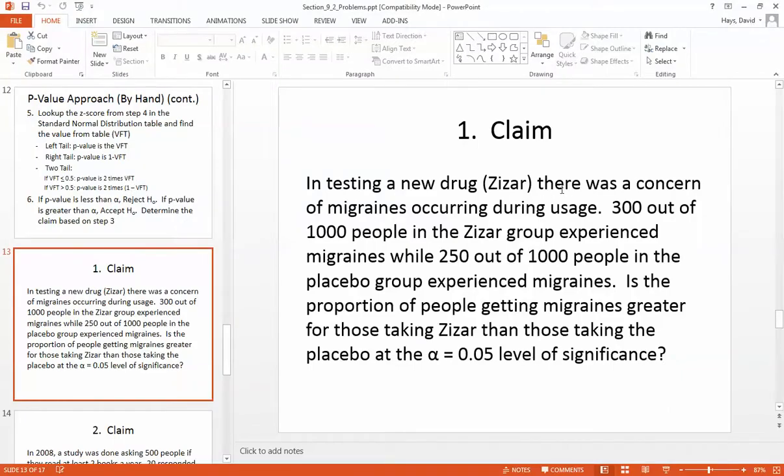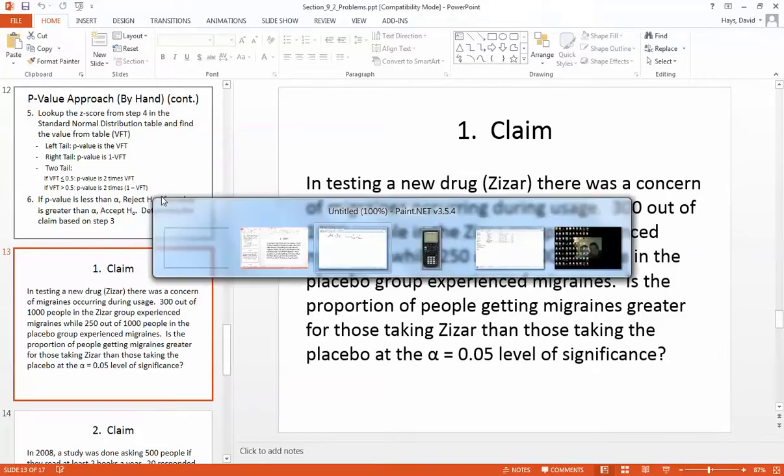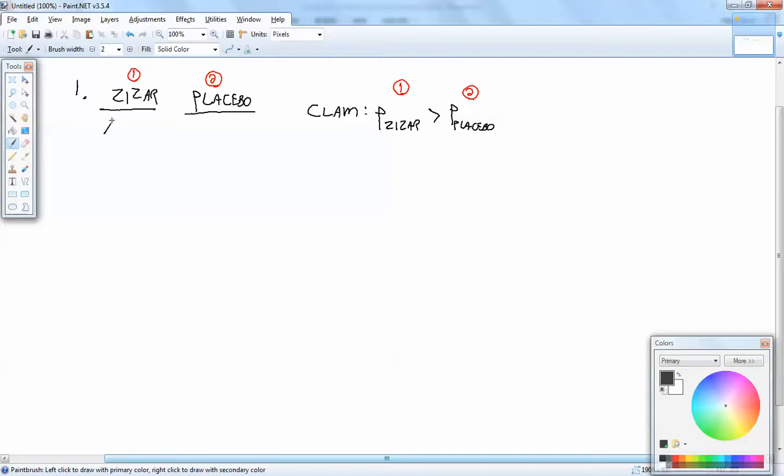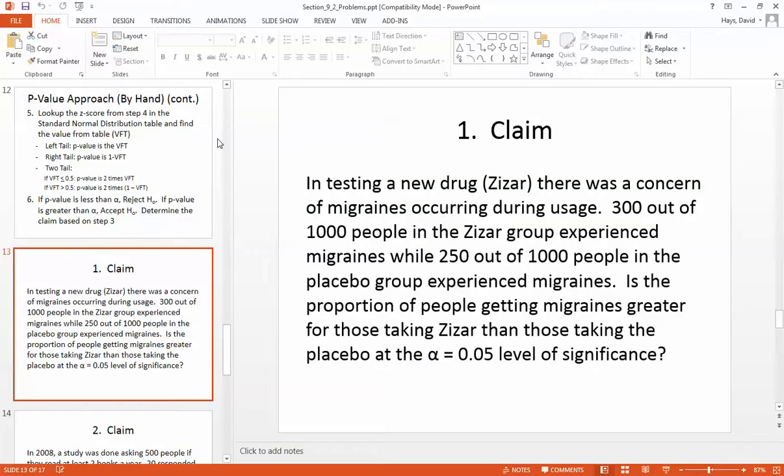So let's read the problem again. Okay, 300 out of 1,000 people in the ZScore group experienced migraines. So 300 would be our X1, and our N1 would be 1,000. The reason I say this is X1 and N1 is because I said this is my first population, first sample. Now our placebo.